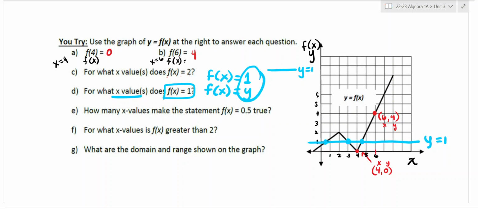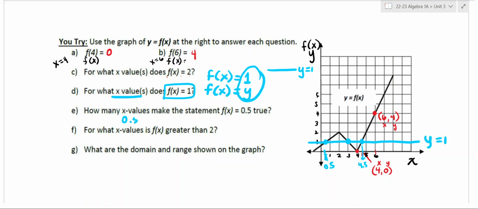So this point falls in between 0 and 1. So we're going to call that one 1/2. We're going to call this one 3. And we're going to call this one between 4 and 5, 4.5. Okay, fine. Instead of 1/2, we can call it 0.5. All right, so for what x values?